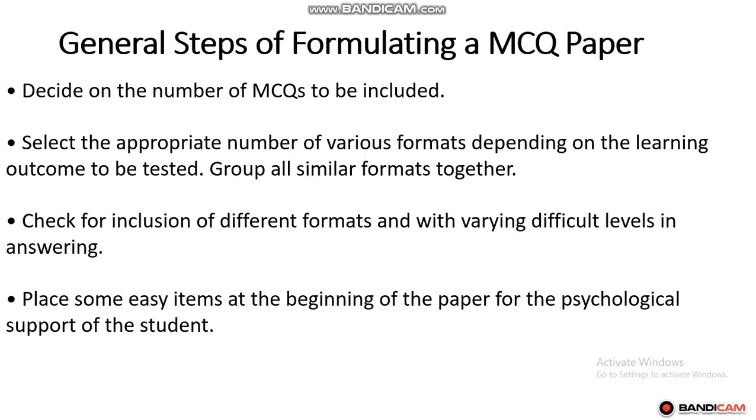You can put true or false, or present and absent form. In that way you can make different formats for multiple choices. So don't mix the different formats. Once you identify which format you are using, kindly put all the similar formats together, so it will be easy for the teachers to correct and for students to answer.